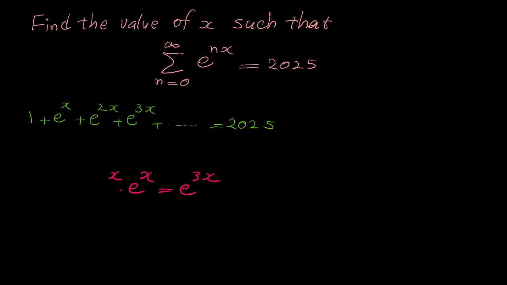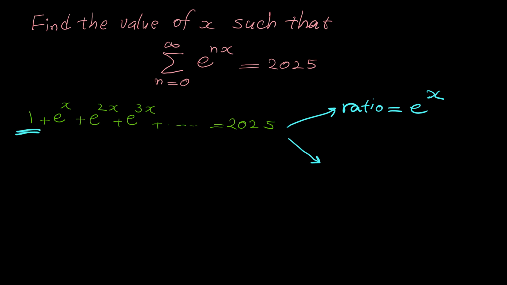So this is a geometric series, in which the ratio of the series is e to the x. And the first term of the series is 1.